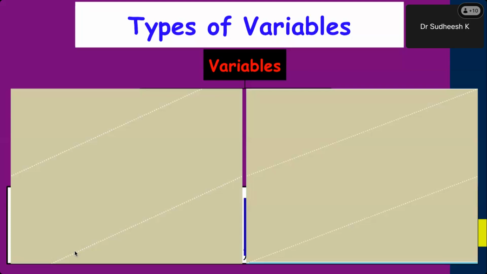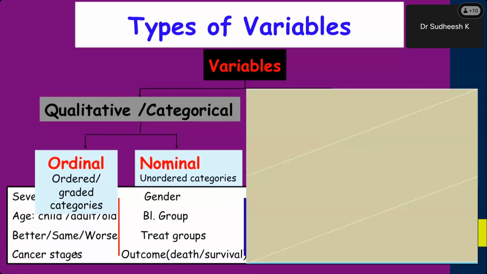So variables can basically be classified into quantitative or qualitative. Qualitative data, or categorical data, are the ones which are not measurable by a quantity or a number, or rather, to be precise, an integer. So they represent qualities.